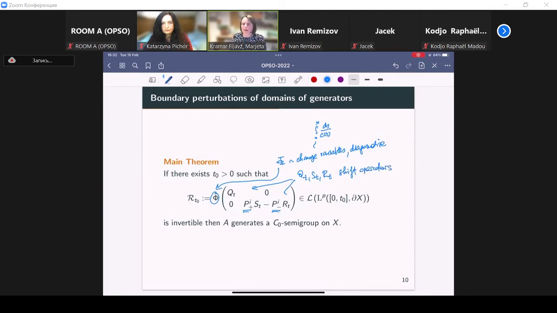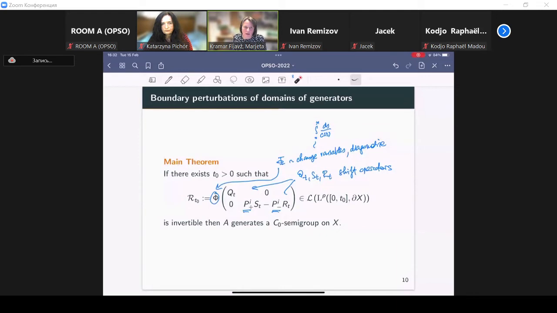So this is a little bit vague, but if I went into details, it would be too complicated. In general, it is an operator that can be obtained from our boundary operator and such an operator matrix. And if this is invertible, then A is a generator.